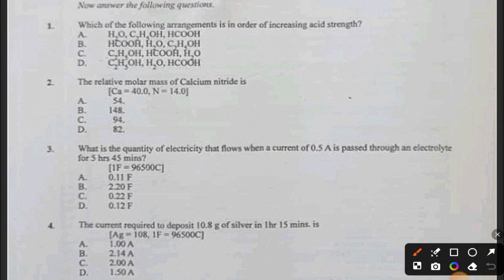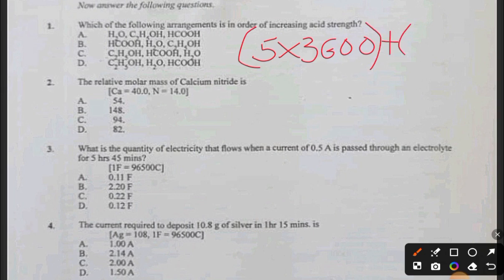So in order to do the conversion, 5 multiplied by 3600 seconds, and that's for the hours, plus 45 minutes times 60. Okay, so doing our calculation right, you're going to get 20,700 seconds.